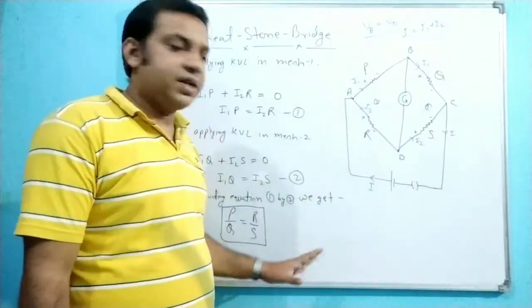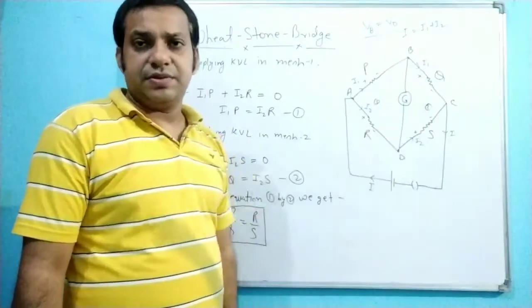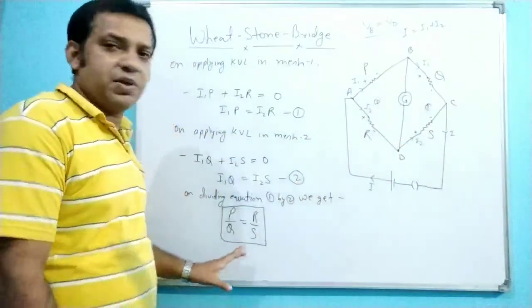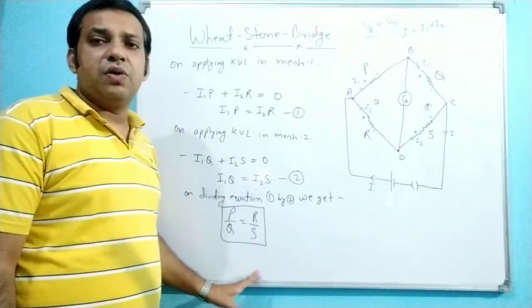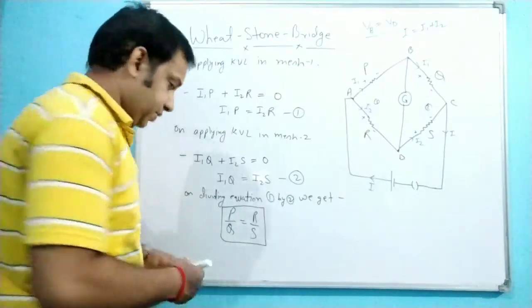So with the help of this arrangement, you can find the value of the unknown resistance. If 3 are known and 1 is unknown, simply by putting in the values, you can find the value of the unknown resistor. So this is the condition for the balanced Wheatstone bridge.